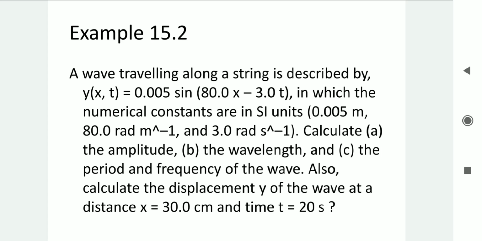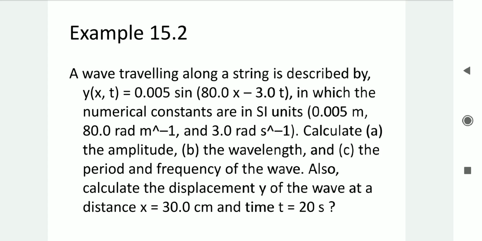Calculate its amplitude, wavelength, and the period and frequency of that wave. Also calculate the displacement y of the wave at a distance x equal to 30 centimeter and time t equal to 20 seconds. So here we are having the function y(x, t) = a sin(kx − ωt).